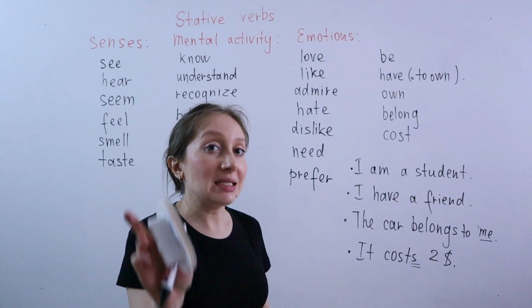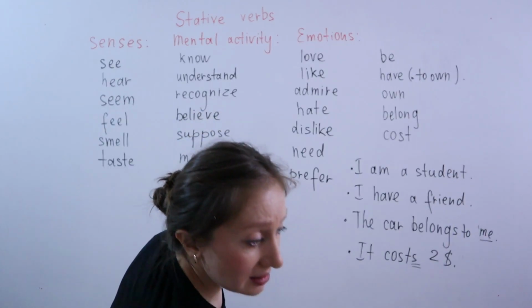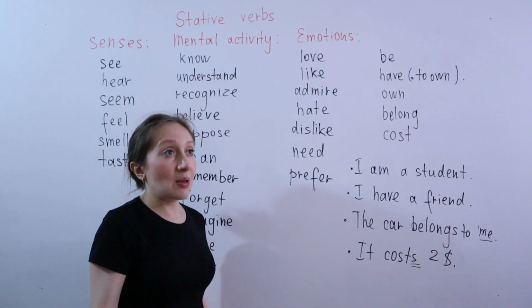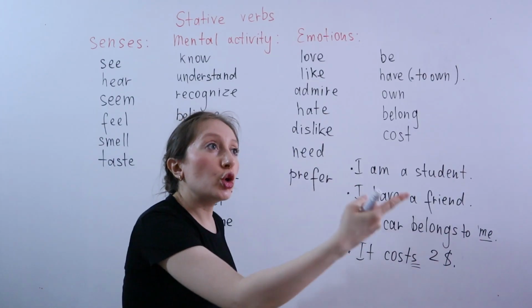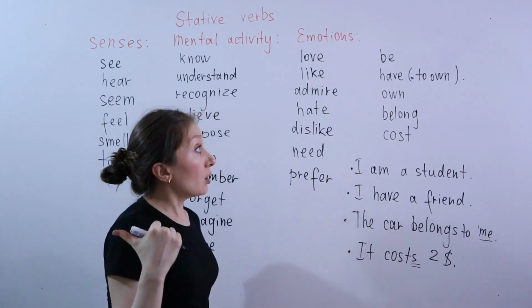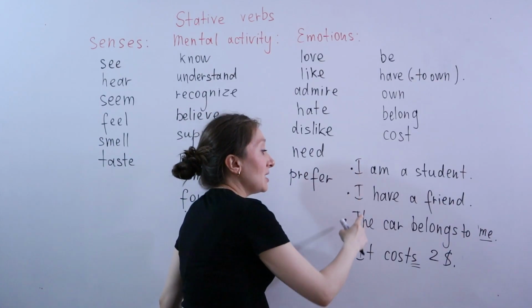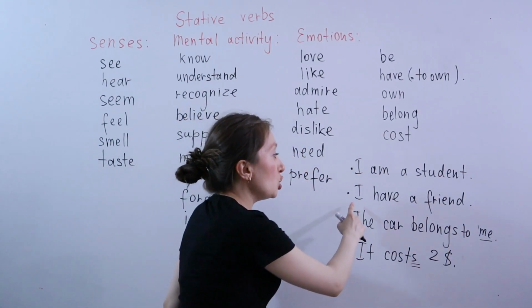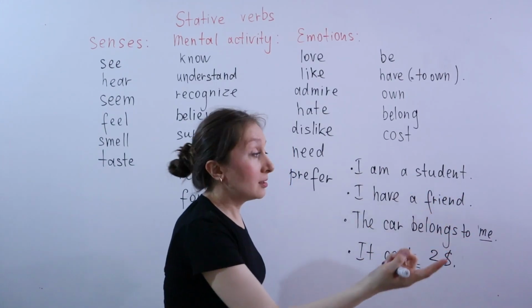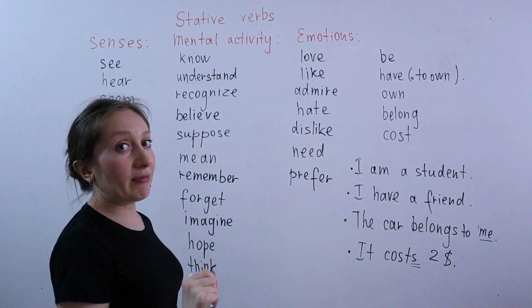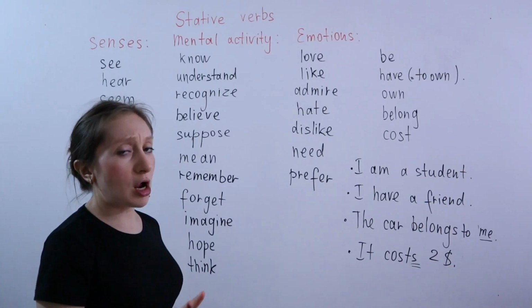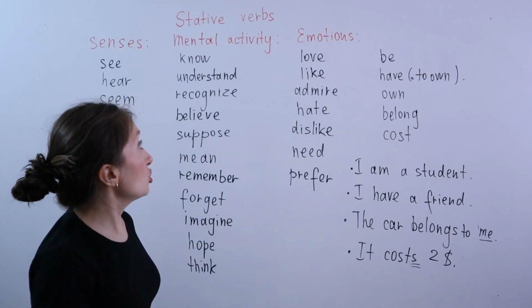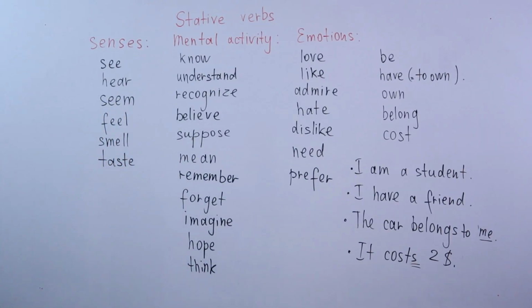If it's he, she, it, s, right? And the same structure as present simple. If it's a question, do you, does he, right? Does the car belong to me? Do you have a friend? Does he have a friend? The same construction as present simple. Super easy.